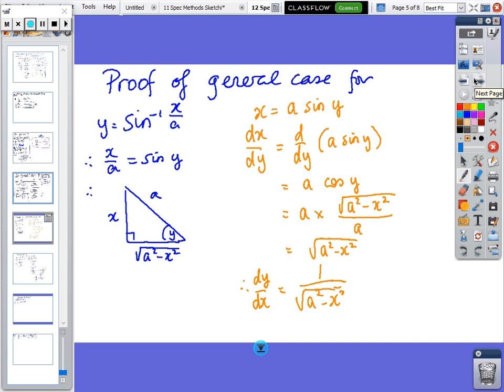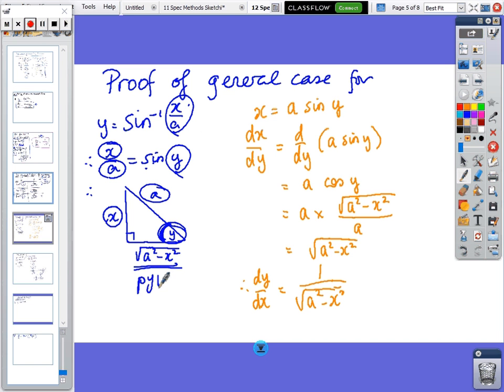Okay, so here's the proof for the general case. So y equals sine minus 1 of x on a, because that's what I want to do. So if I make x on a the subject, I take sine of both sides. Now, if the angle is y in this corner here, sine is opposite over hypotenuse. And then using Pythagoras, the missing side equals root a squared minus x squared.